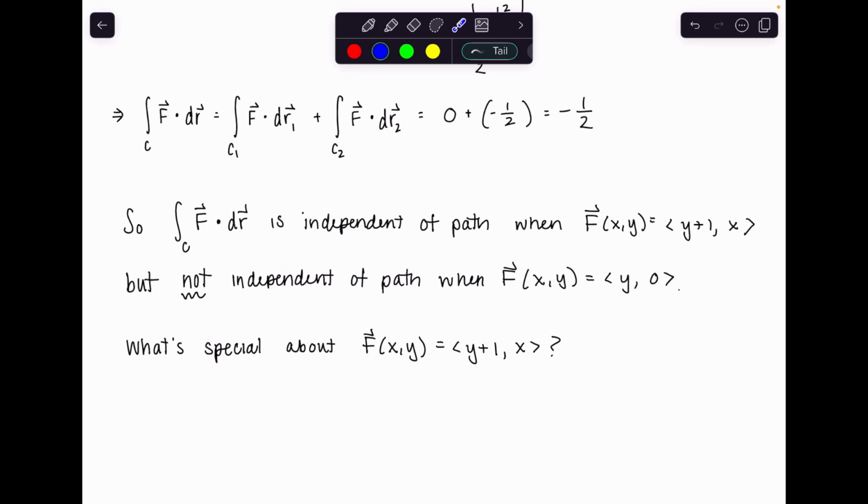If you remember, we talked about mixed partials way back when, and if you started with a function, you automatically knew that the mixed partials were going to be equal. However, here, what I'm saying is these are the partial derivatives. If that's the case, the mixed partials better be equal.